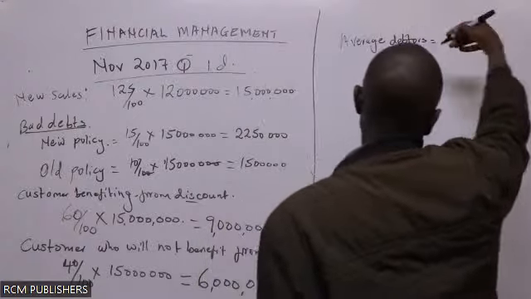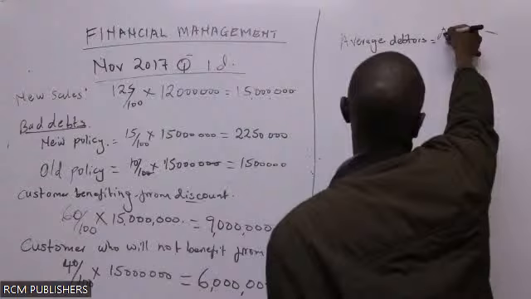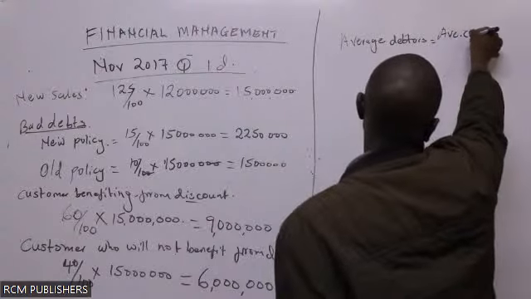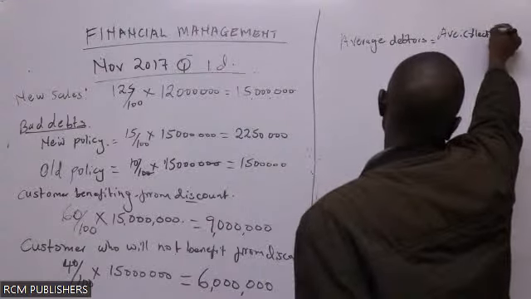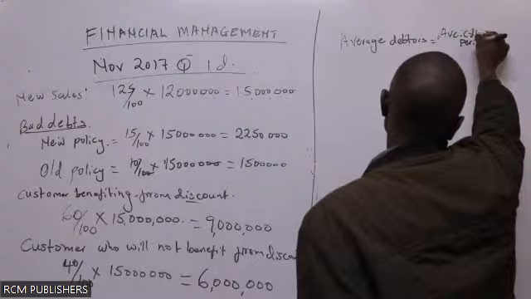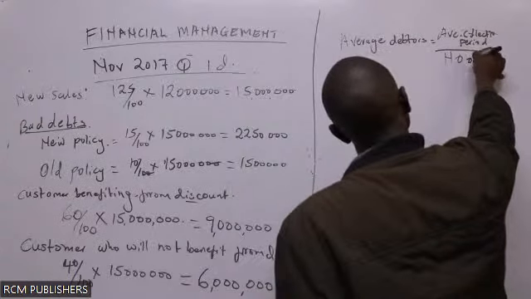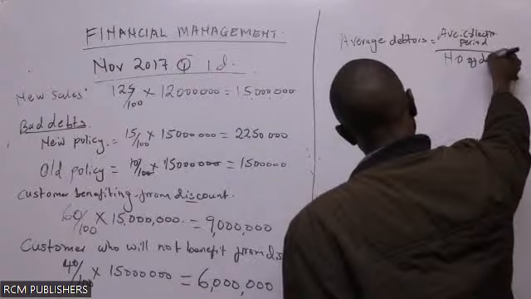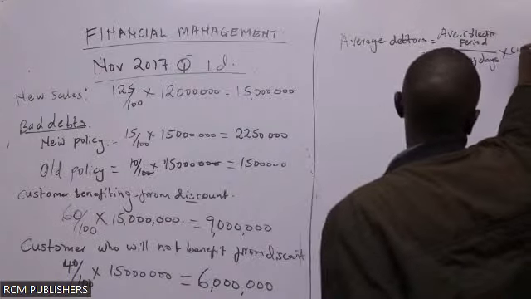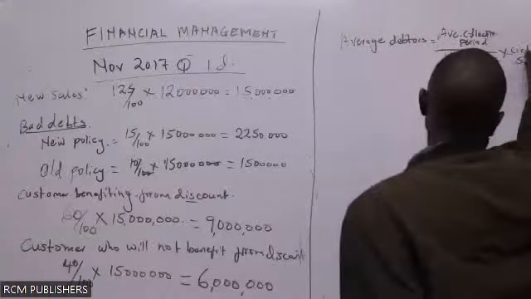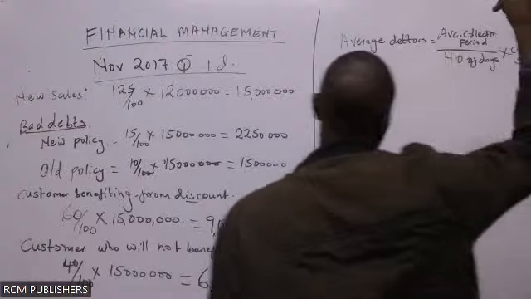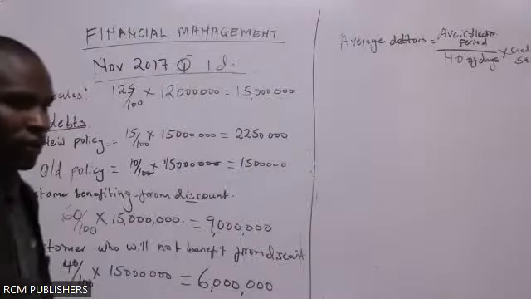Average data tumesema ni average correction period over number of days. Tunasema number of days times the credit sales. Credit sales. Don't ever forget that. Your formula ni muhimu sana.